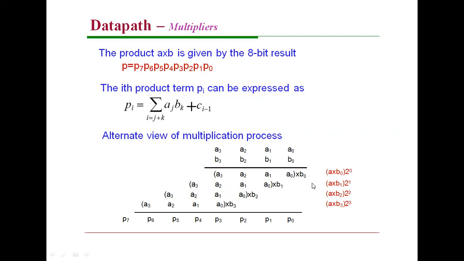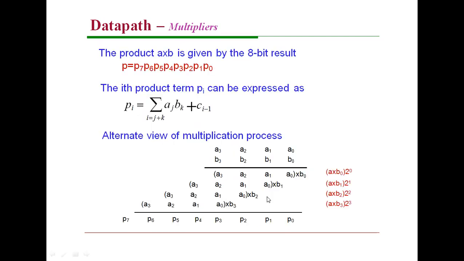The next multiplier starts at 2 to the power of 1. It is one shift. After one shift, I need to take b1 with the entire multiplicand. Similarly, b2 with the entire thing, b3 with the entire thing. This is an alternative view of the multiplication process.